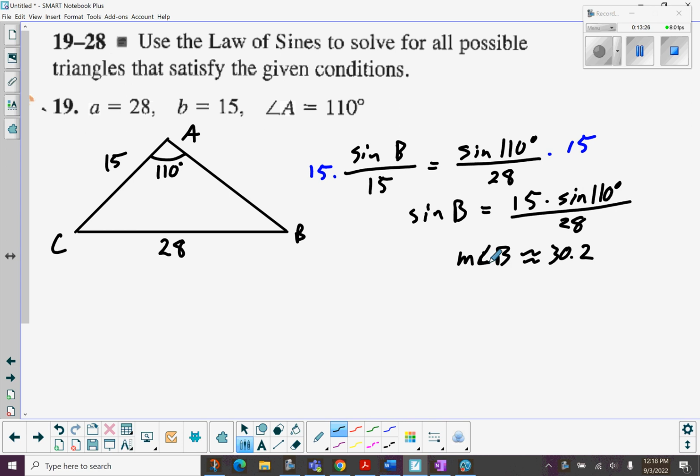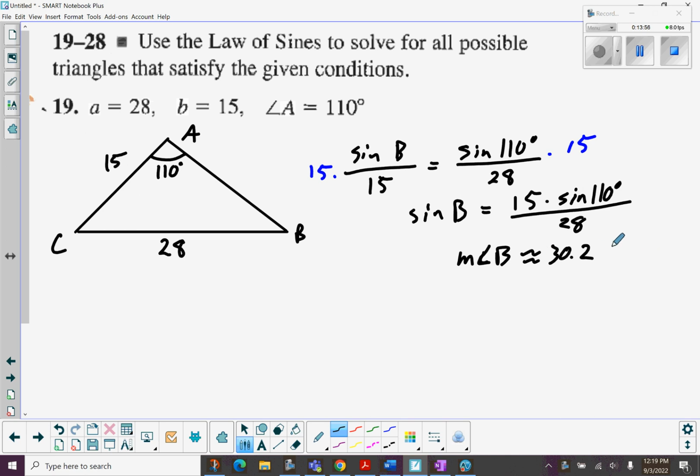Now, again, if you remember the examples that I went through, you use the law of sines, you take the inverse sine to get an angle, and then you have to determine if you have just one solution, or maybe two solutions, or maybe no solutions at all. And the way I described that was once you take the inverse sine for this angle, then what we'll normally do is find the supplement to that.